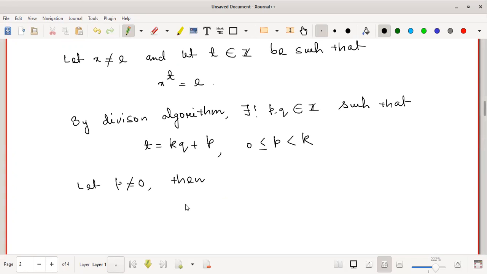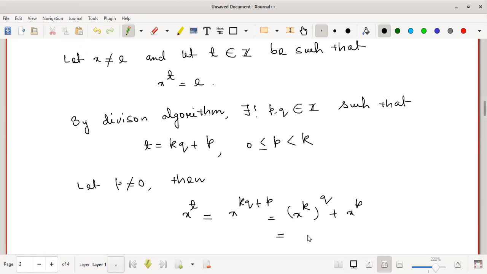Then x to the power t is equal to x to the power kq plus p, which equals x to the power k, to the power q, times x to the power p.